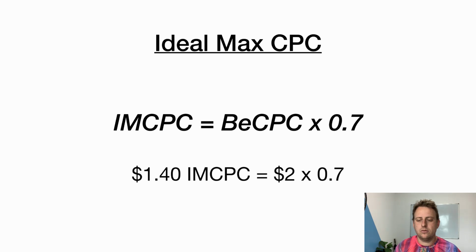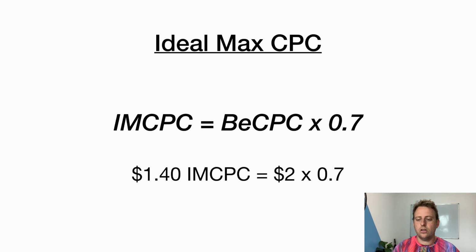As an example, in our first example, our break-even CPC was $2. So $2 times 0.7 gives us an ideal max CPC of $1.40. For most businesses, if we bid $1.40, we will be spending less on marketing than we're generating in revenue, and enough less that we'll have profit at the end of the day.